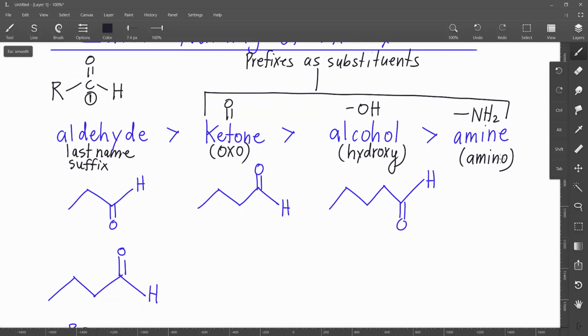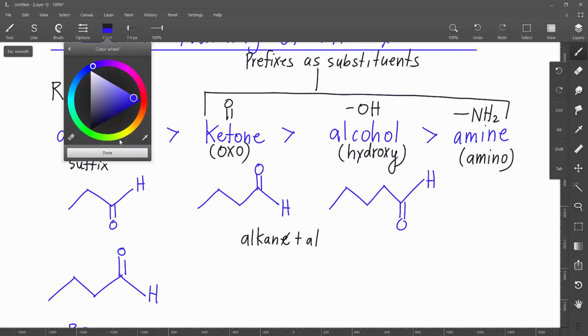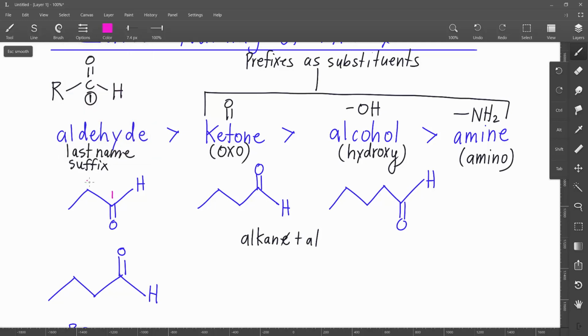Now we start naming our aldehydes by taking an alkane, removing the E and adding an AL, so it's alkanal if you want to think about it that way. In this example we have 1, 2, 3 carbons.